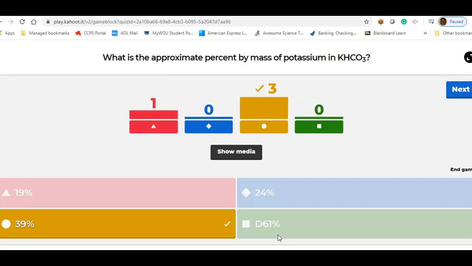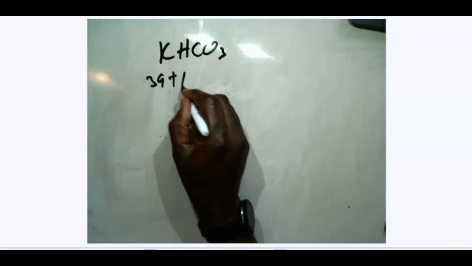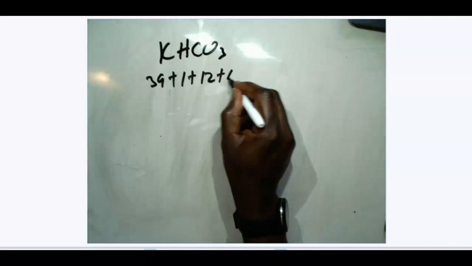You just guessed, right? Okay, what is the approximate percentage by mass of potassium? Just like we did the other time, we have KHCO3, and we're looking for potassium. This is 39 plus 1 plus 12 plus 48.